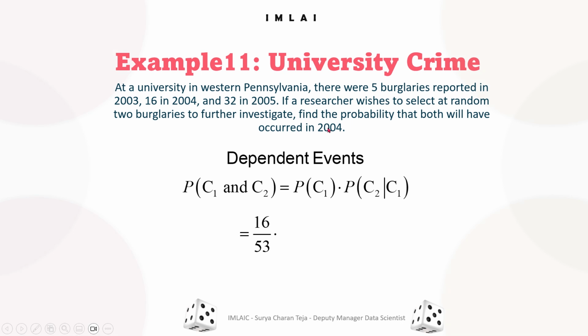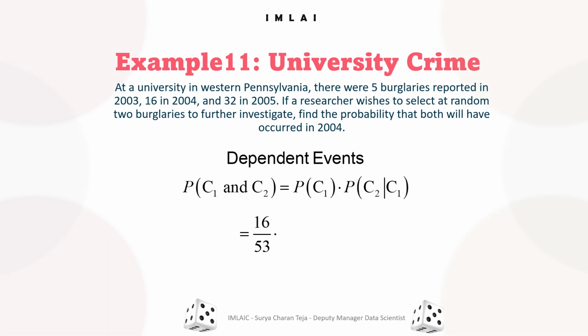So 16 initially to get the first crime: 16 divided by the total, 5 plus 32 plus 16, which is 53. So 16 divided by 53, absolutely fine.